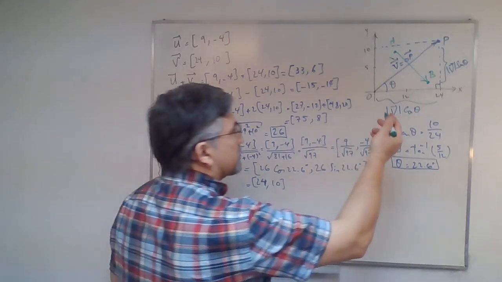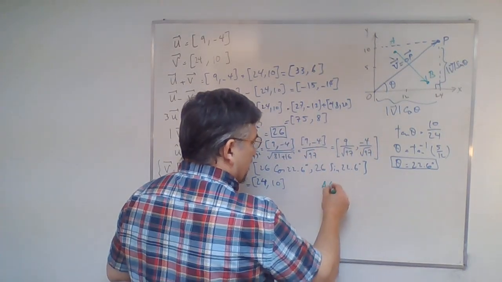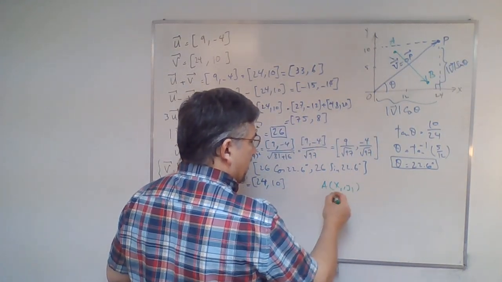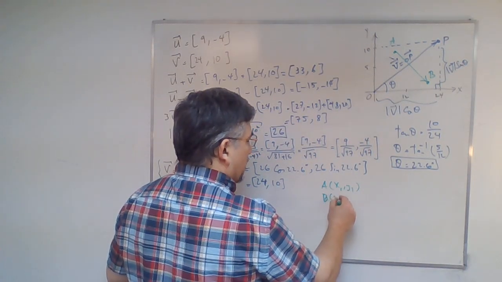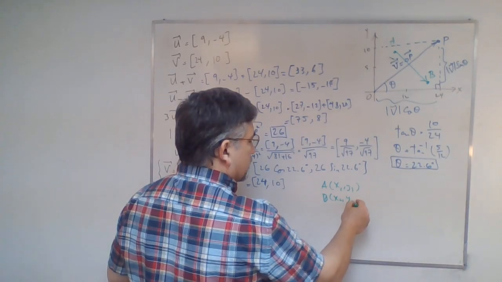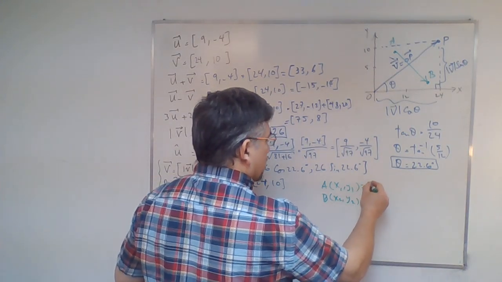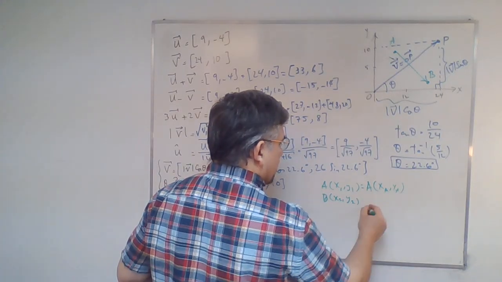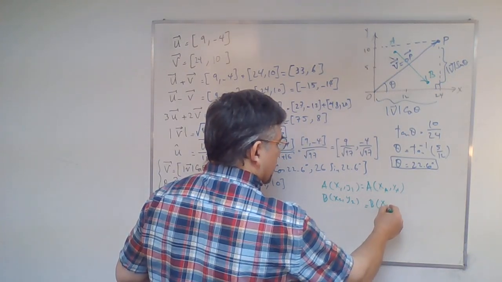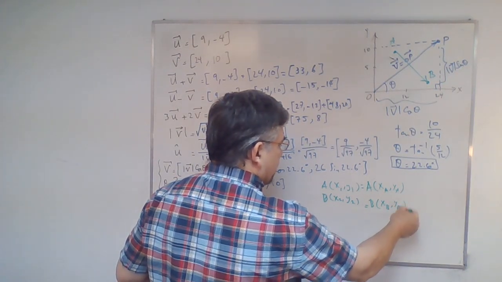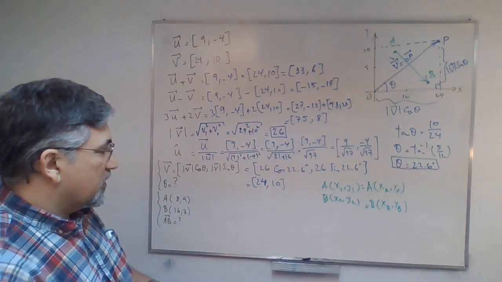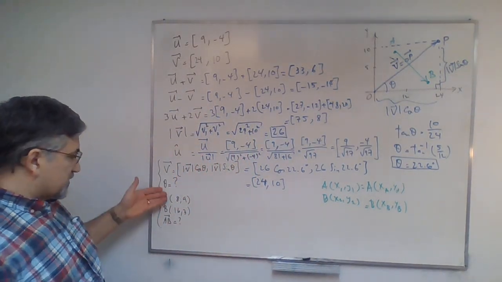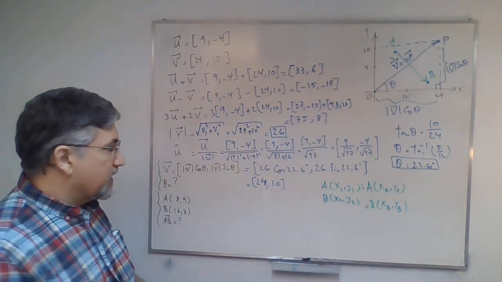Generally speaking, we have 2 points, and the coordinates in general could be x1, y1, x2, y2, or it could be x of a, y of a, and x of b, y of b. Generally speaking, these are the coordinates of the points, not necessarily 8, 9, 16, and 3.